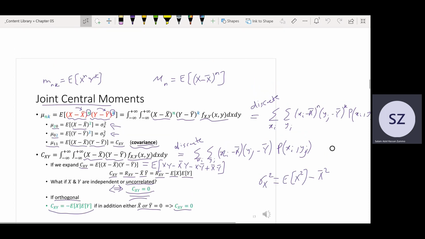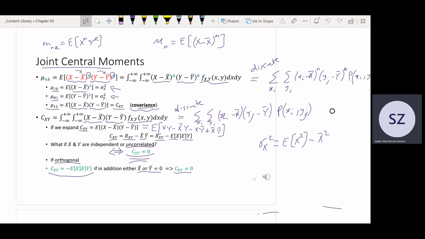So last time we started talking about the joint central moments, and we defined one of the most important joint central moments, which we call the covariance C_XY. It is the expected value of x minus x bar multiplied by y minus y bar, and as I mentioned, it gives basically how much the two random variables are related.